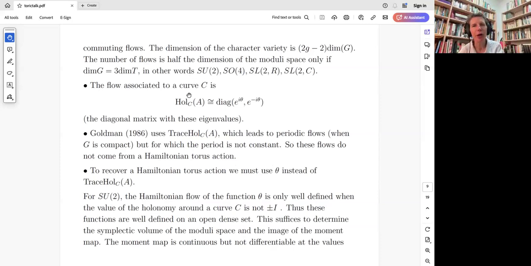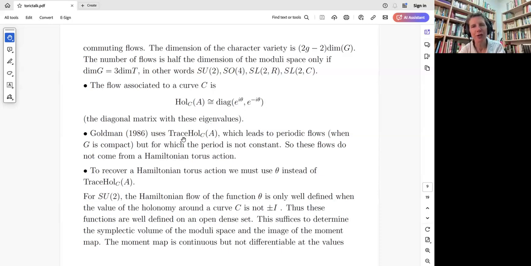The flow associated to a curve C is given by the holonomy of the connection A around C being conjugate to the diagonal matrix with eigenvalues e to the i theta and e to the minus i theta. That's how this function theta is defined.